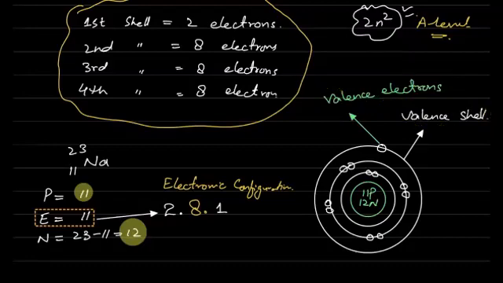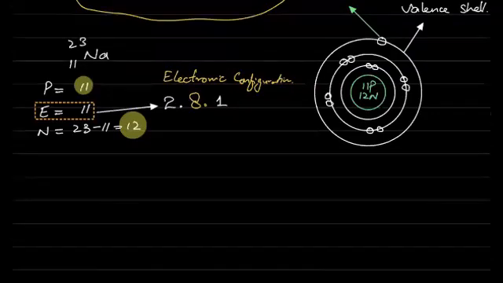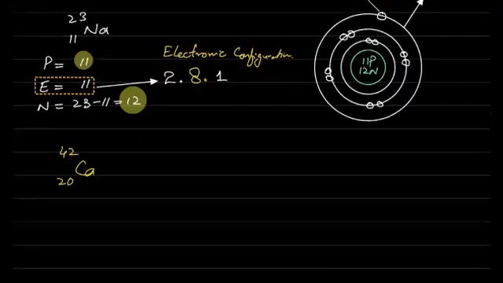Here is another example of how we can draw the structure. For example, calcium, 42 and 20. First of all, find the protons, electrons, and neutrons. The atomic number of calcium is 20 and the mass number is 42.